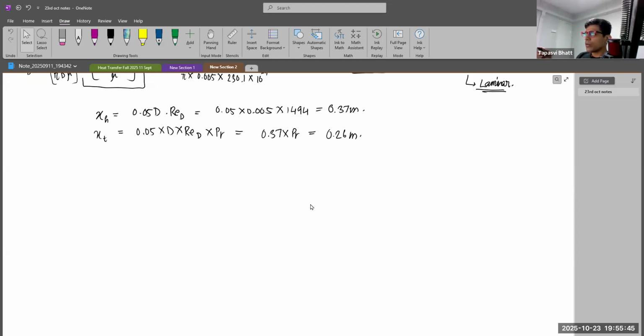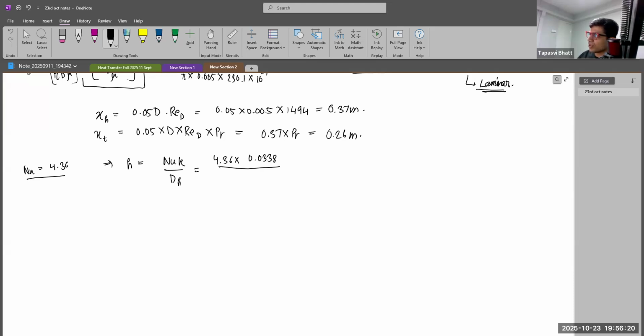Now, because there is a laminar flow and the heat flux is constant, what is the Nusselt number? It is constant. It is 4.36, I think. Yes. Where did I get this value? Look at the data book. So Nusselt number is 4.36. With this, how do we calculate h? h is Nu times k over d_H, which is 4.36 times 0.0338 over 0.005.